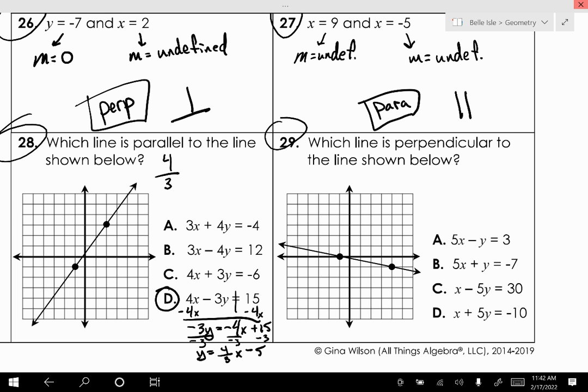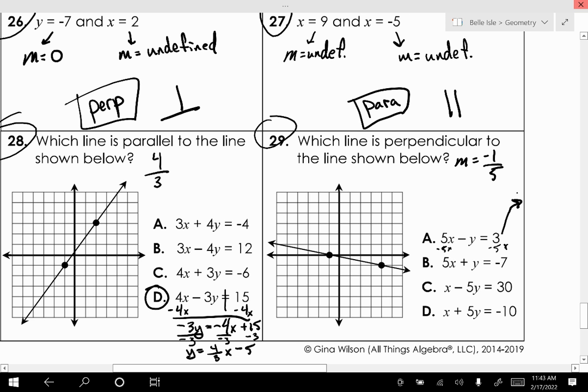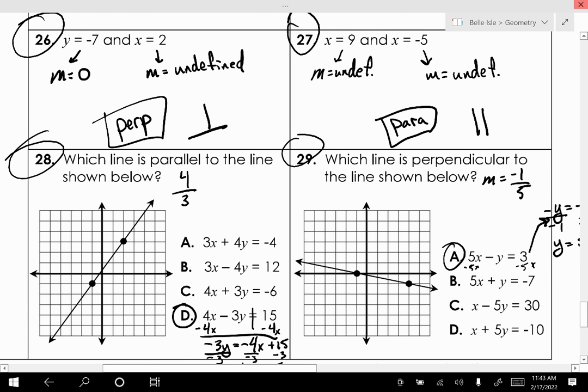If you have both of the same, then it's... Okay, 26 through 29 are up there for you to check yourself.